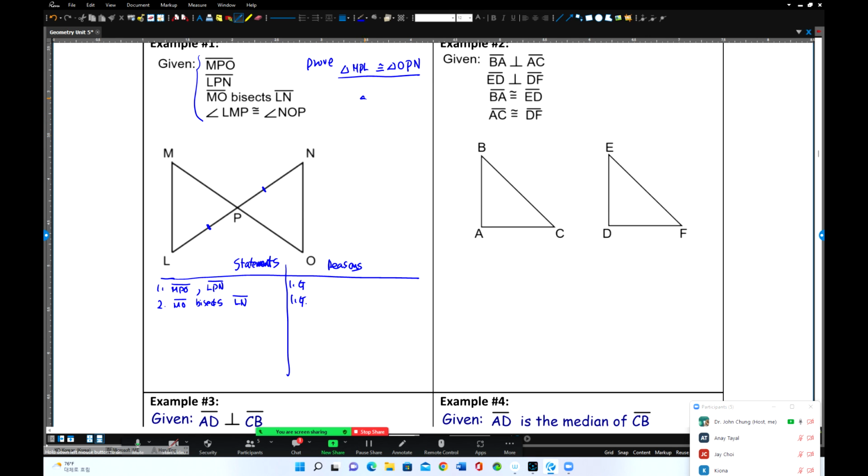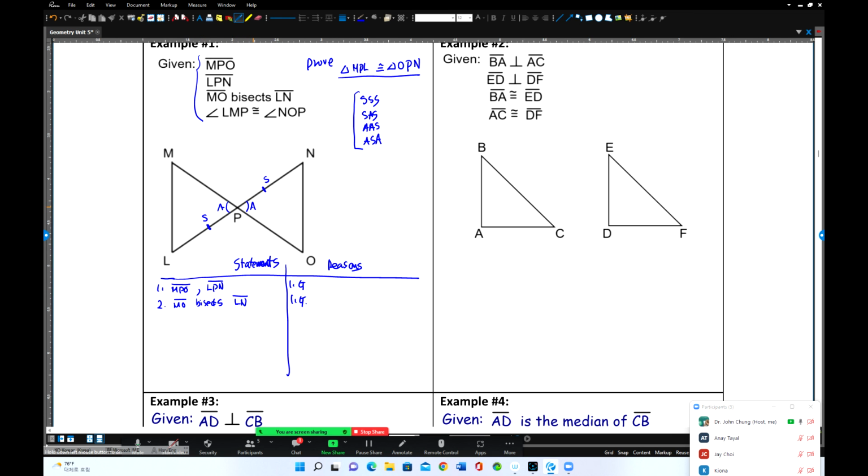So write down over here: side side side, or side angle side, or angle side angle. We're going to choose one of these. This is side. Intersecting vertical angles are congruent.